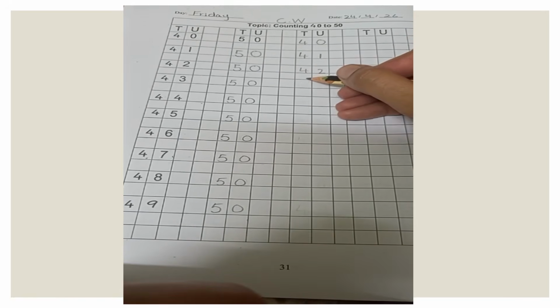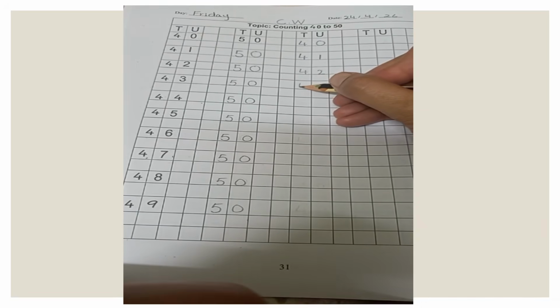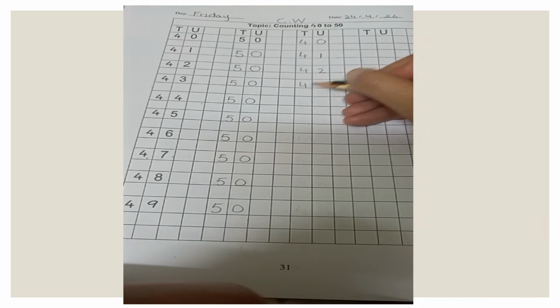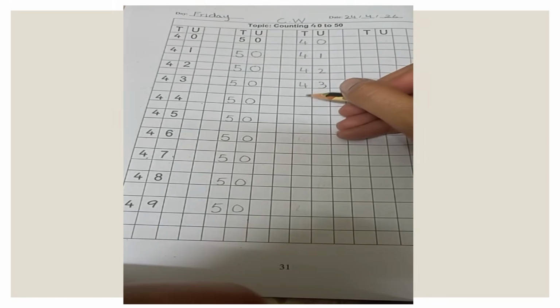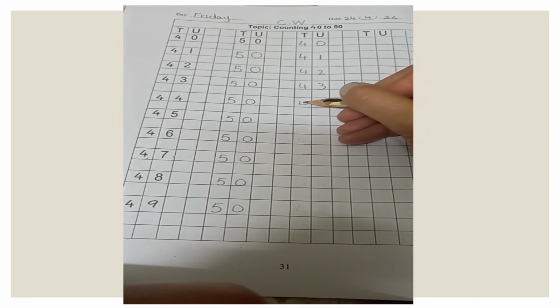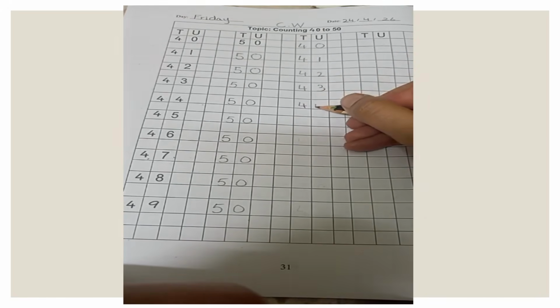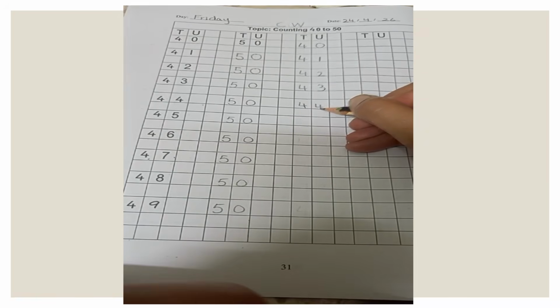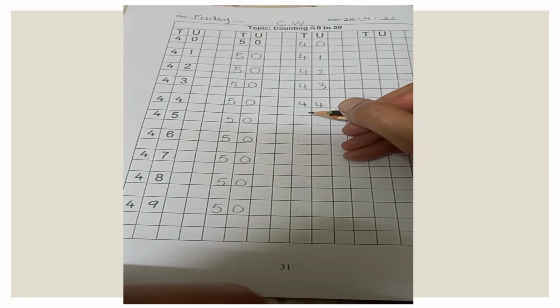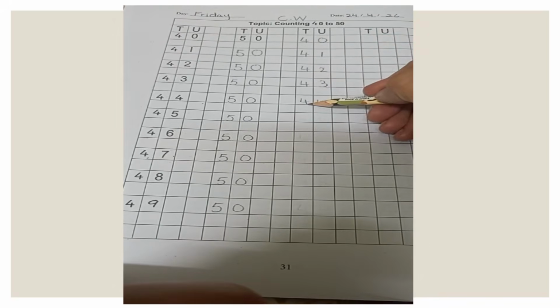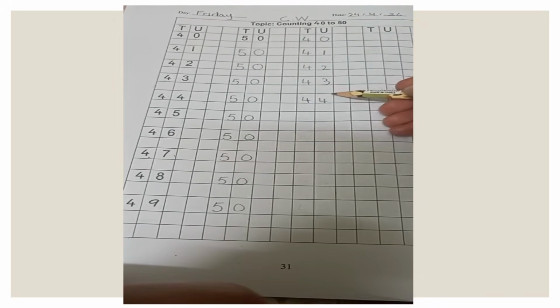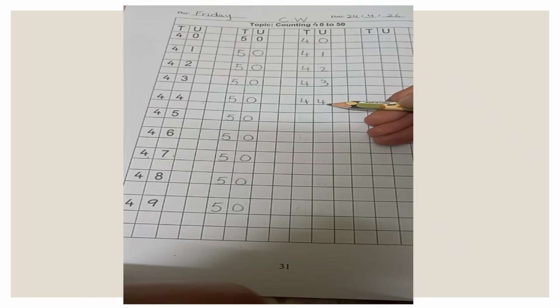Yes, then skip one box and write 43. Then skip one box and write 44. So you all got the concept that tens remains the same and units keep on changing.